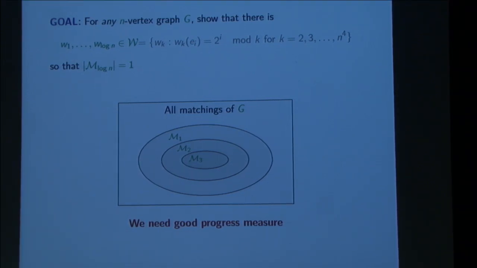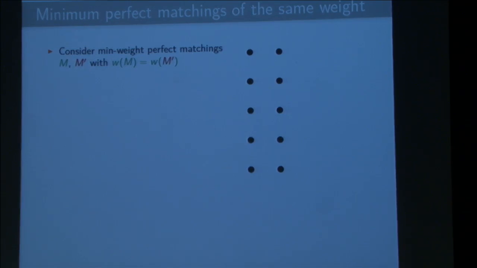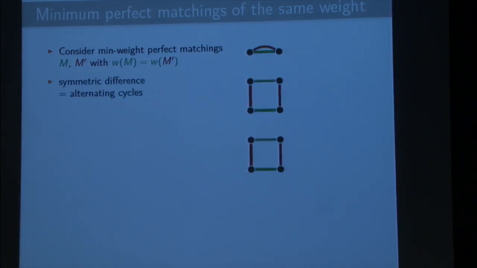So to understand the progress measure, let's look at when a weight function is not isolating. So we have a weight function W that is not isolating, meaning that there exist at least two perfect matchings of the same minimum weight. So we have the green matching and the red matching. I think I only know one thing to do when you have two matchings: you take the symmetric difference, okay? And you get alternating cycles.